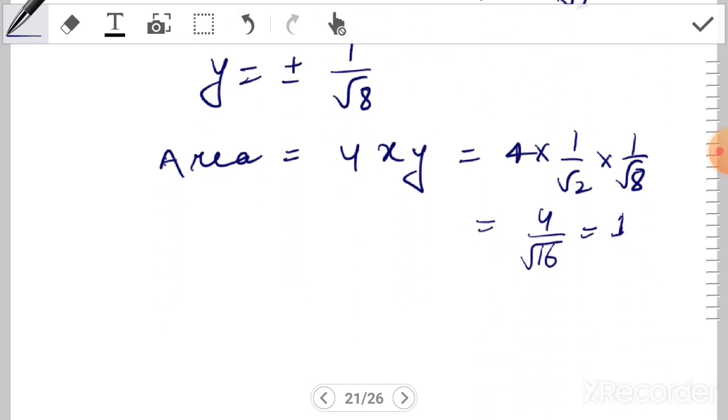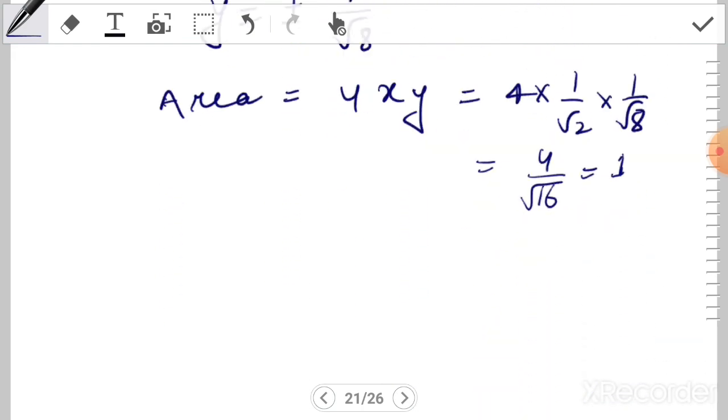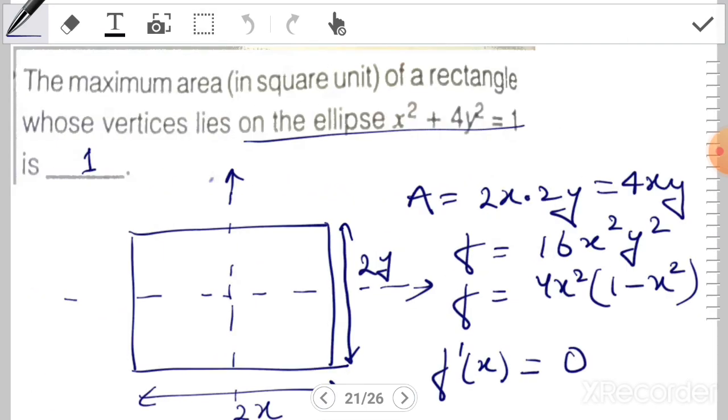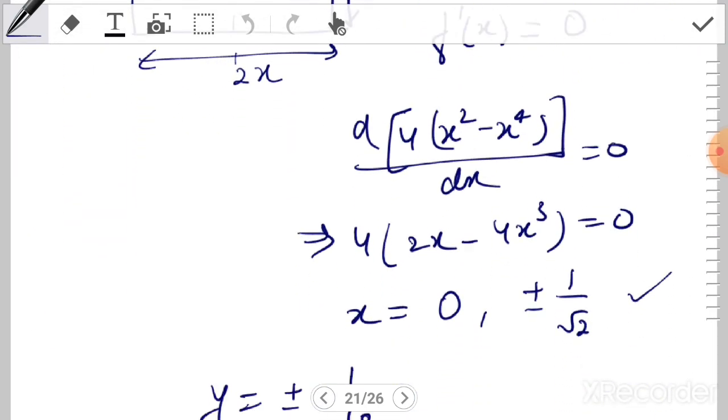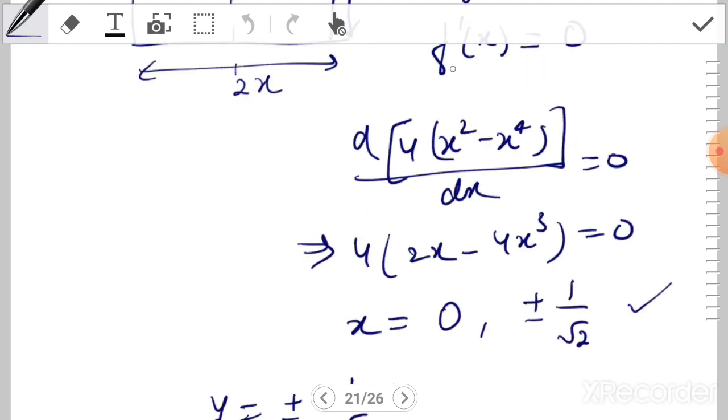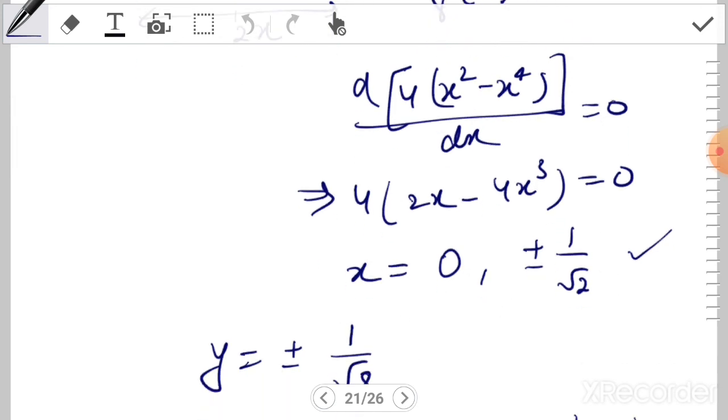Okay, let us go to the next problem. See, we did not check here the double derivative, meaning we did not differentiate f''(x) and then put the stationary points and check it.